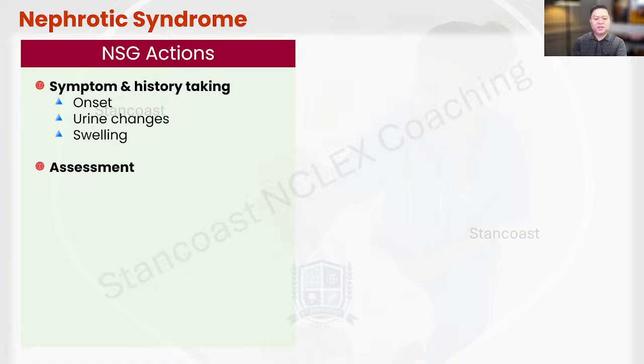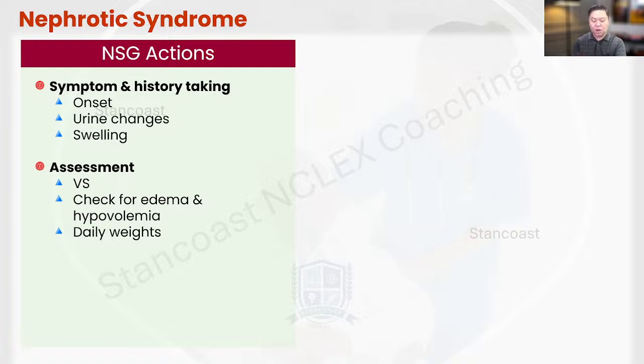Now, what we're going to do here is to properly do our assessment. Well, of course, vital signs are very important. We're going to have that baseline information in order for us to compare future readings, and also make sure that we are checking for the edema and their status, such as hypovolemia. They're running out of the fluids, right? And we gotta check their weight, baseline information of their weight on admission, and then we're gonna have to monitor their weight daily as well.